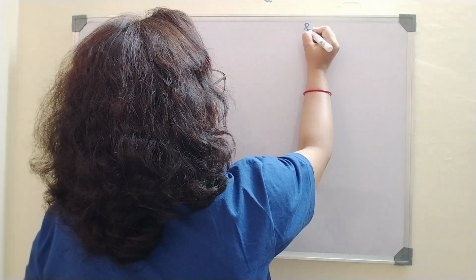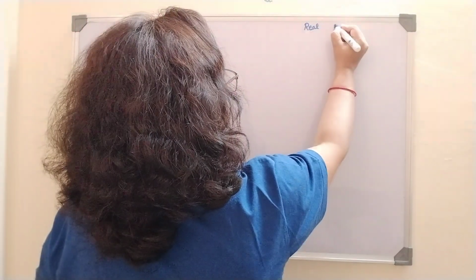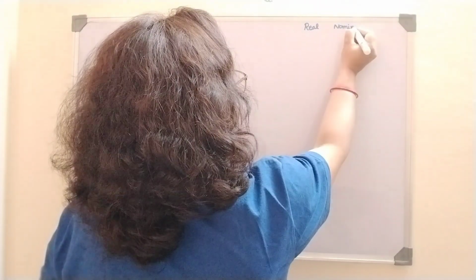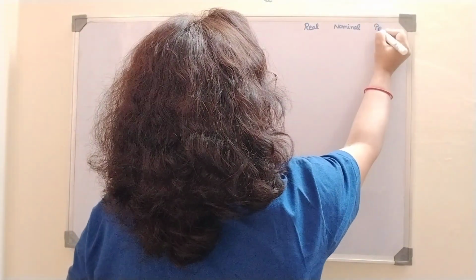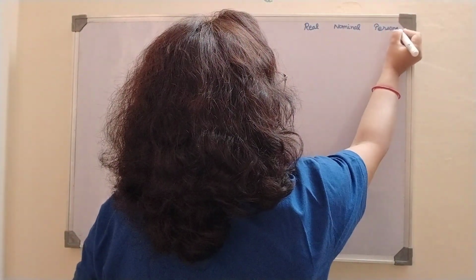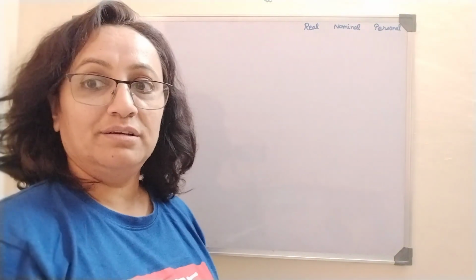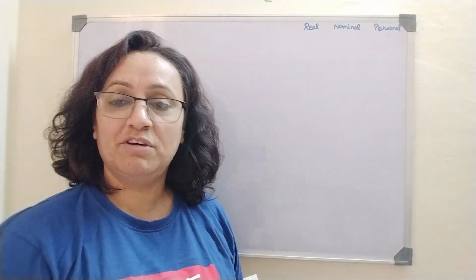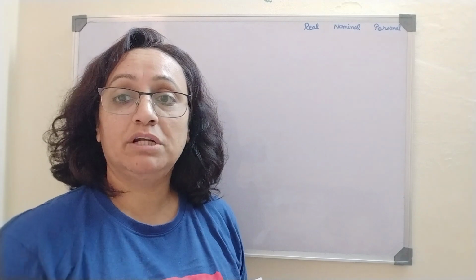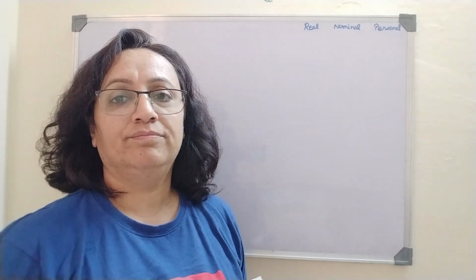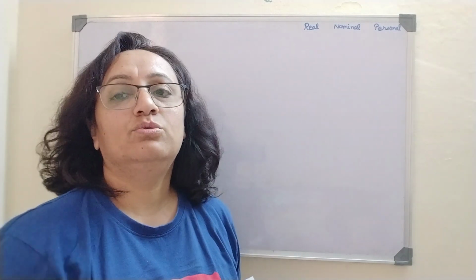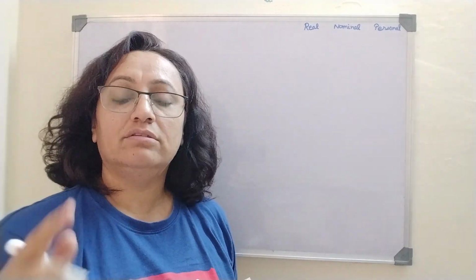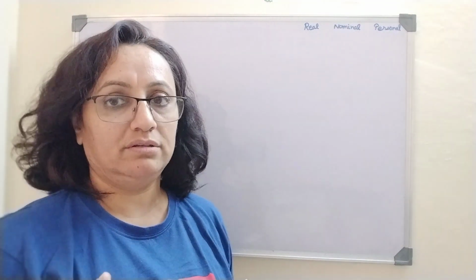One was real, one was nominal, and the third is personal. These are the golden rules of accounting. Like, you start with ABCD when you do English, you start with multiplication tables when you do math, and you start with these three rules when you do journal entry, and you carry forward with the books of accounting, right?